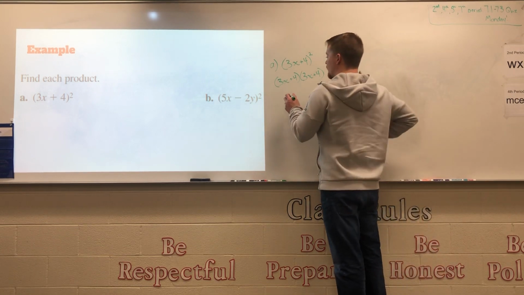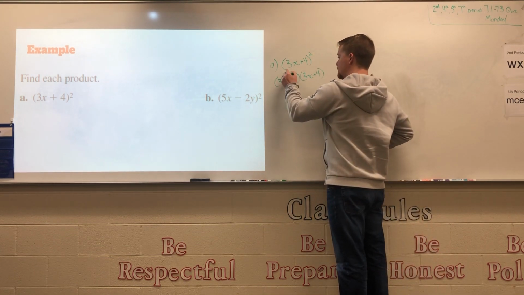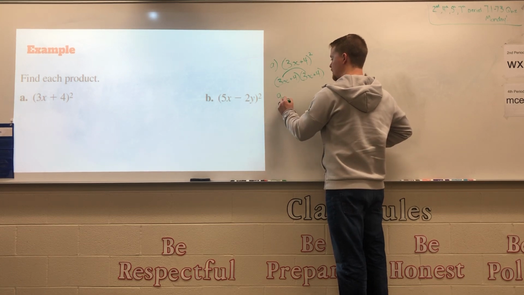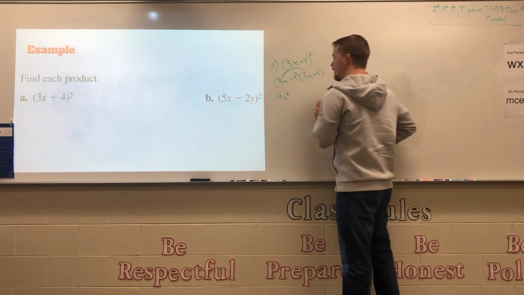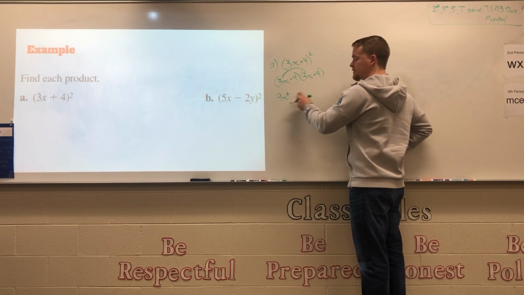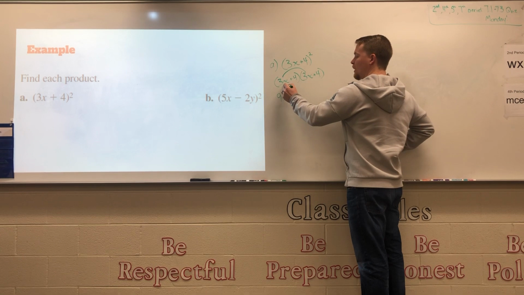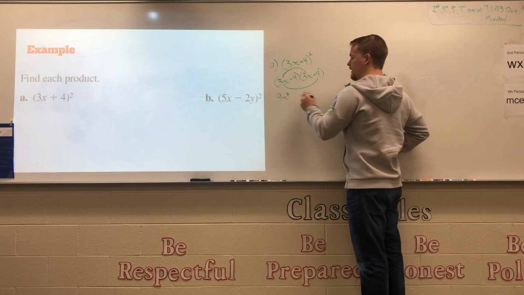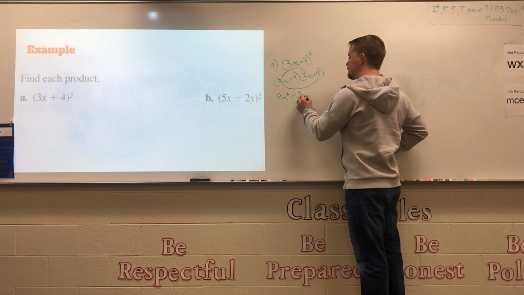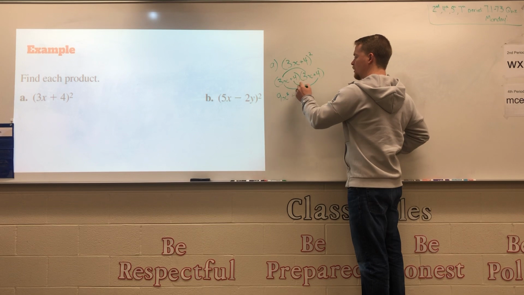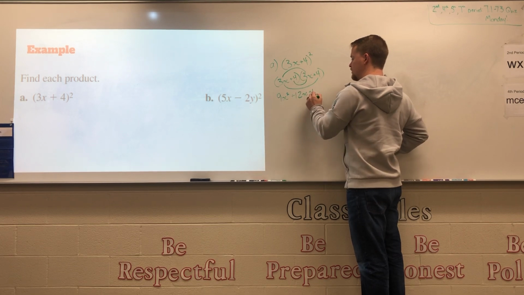So, for FOIL, I do first terms first. So 3x times 3x, that is 9x squared. Again, remember, if you have x times x, you add the exponents of 1 to become 2. Then we go outer, 3x times 4. That becomes 12x. Inner, 4 times 3x is 12x again.